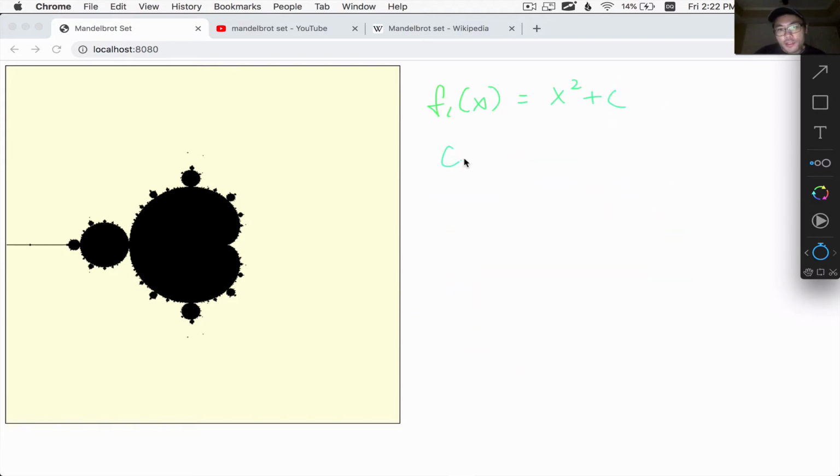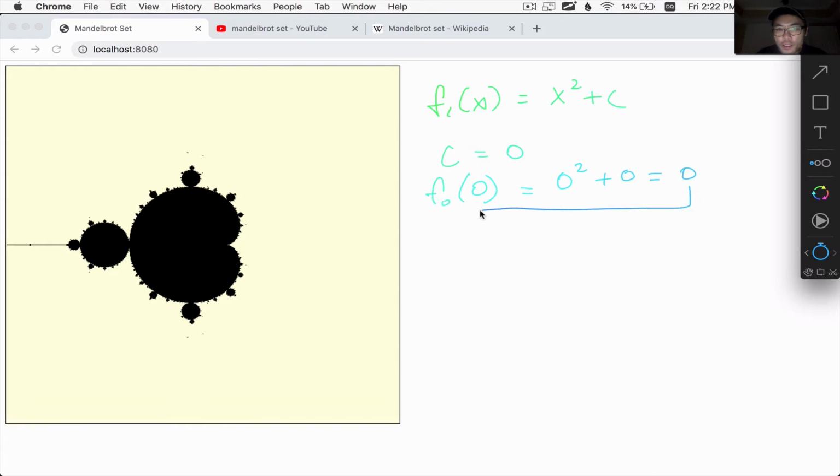Okay, let's try the case where c is, say, 0. So we're going to end up with f_0. And again, we start from 0 as the base case. So f_0 of 0 is going to be 0 squared plus 0, which equals 0.